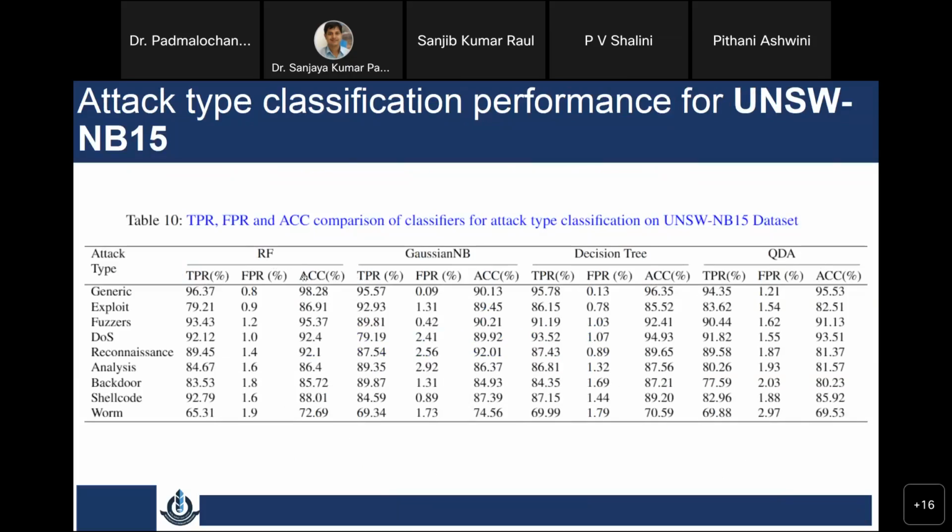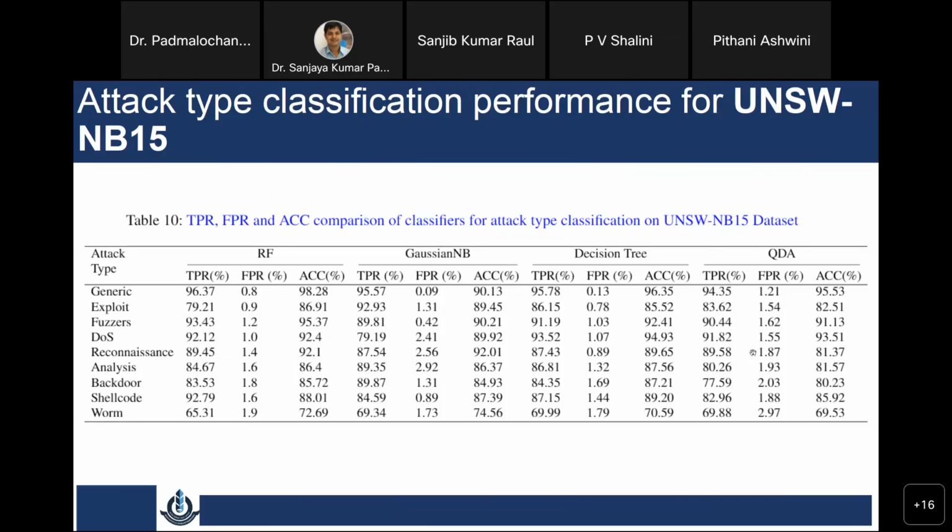You can see that QDA detects almost all types of attacks pretty well, except some attacks like worm and backdoor. The UNSW NB15 dataset did not have training data related to backdoor and worm attacks, so that is the problem. Therefore, the dataset is another important limitation. If you have good datasets available, that would be useful for training your systems.